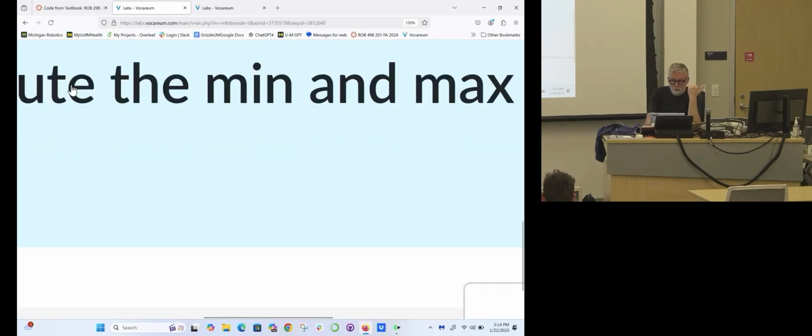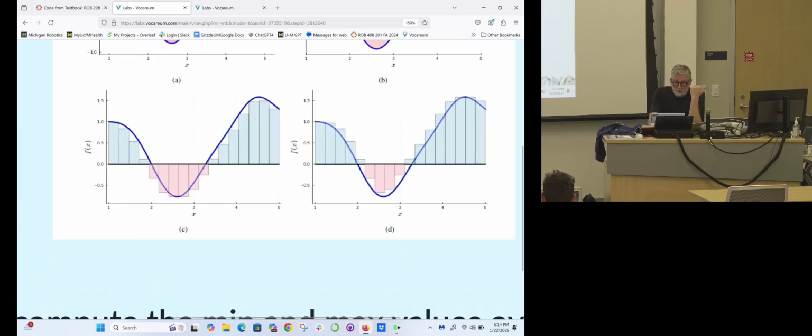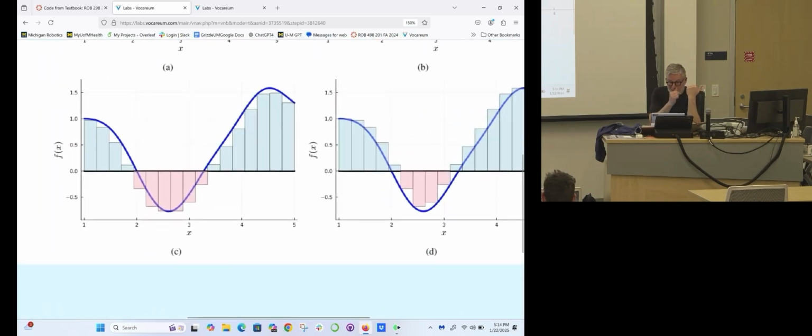To do the lower bound, we take the smallest value of the function. So when it's negative, it's smaller in magnitude, but more negative, okay? We take the smallest number, and that's all.